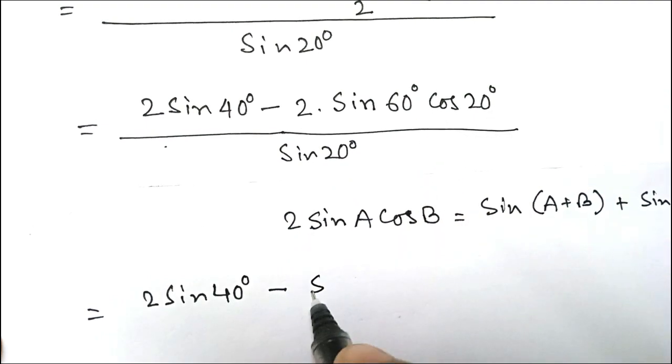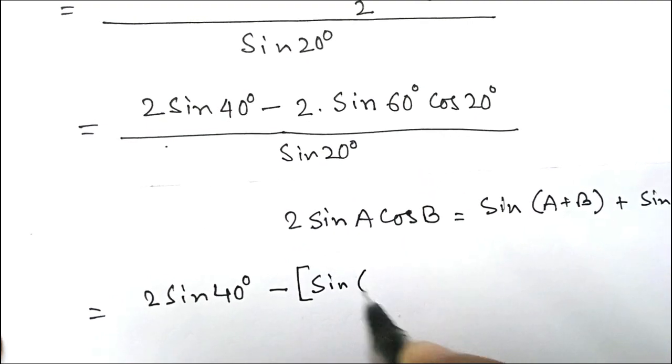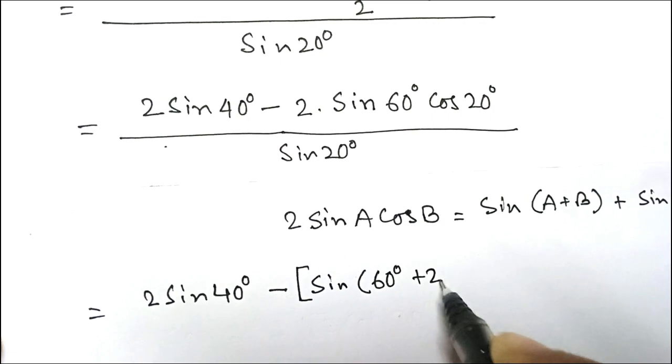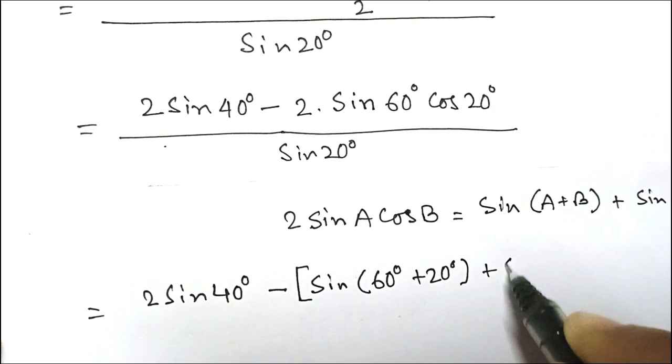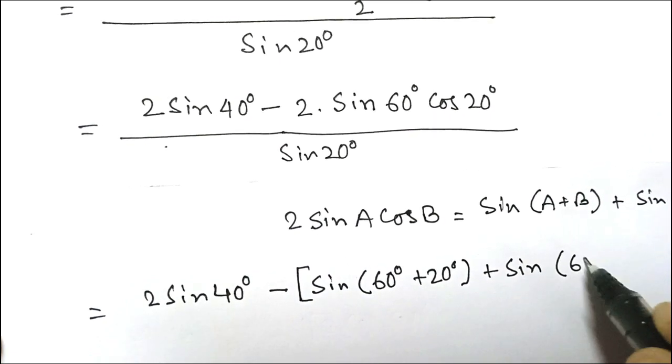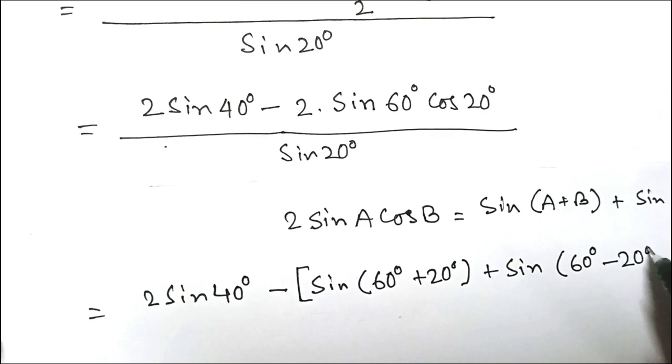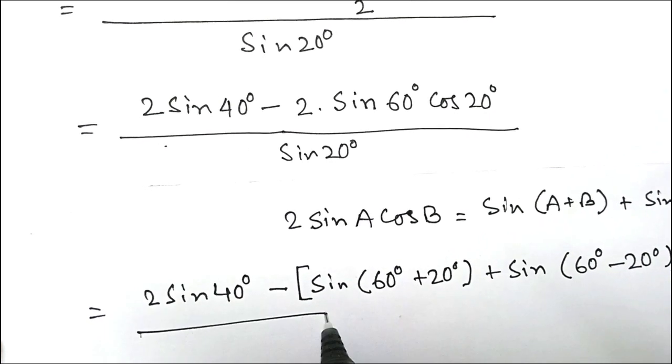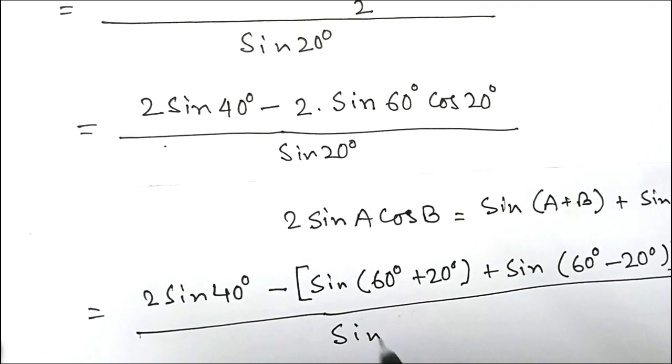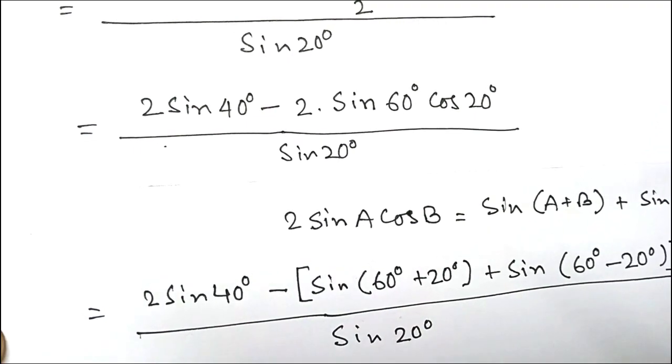We will get this as sin 60 plus 20 plus sin 60 minus 20, and at the bottom there will be sin 20 remaining as it is.